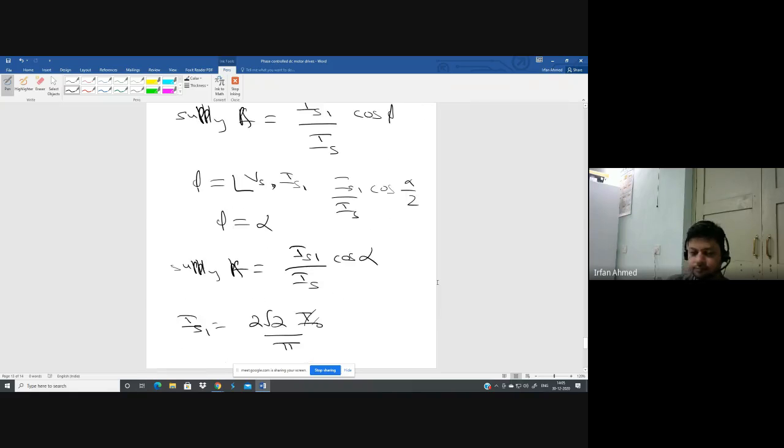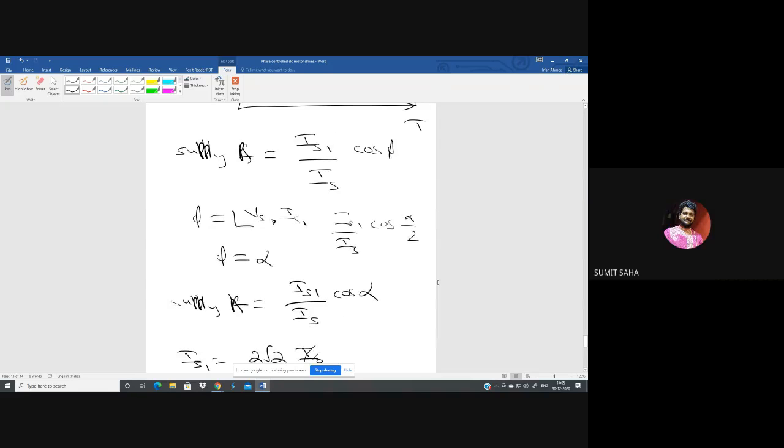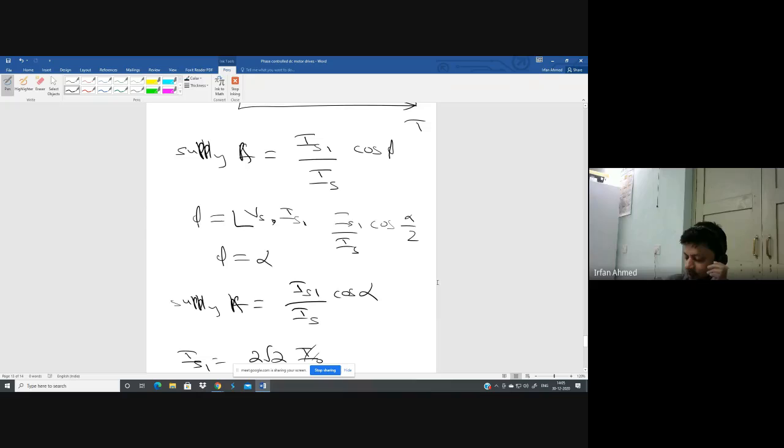Means you can't assume that it is constant for full converter and half converter, but still you will find that the power factor will improve by a lot when you go for the semi converter or half converter.